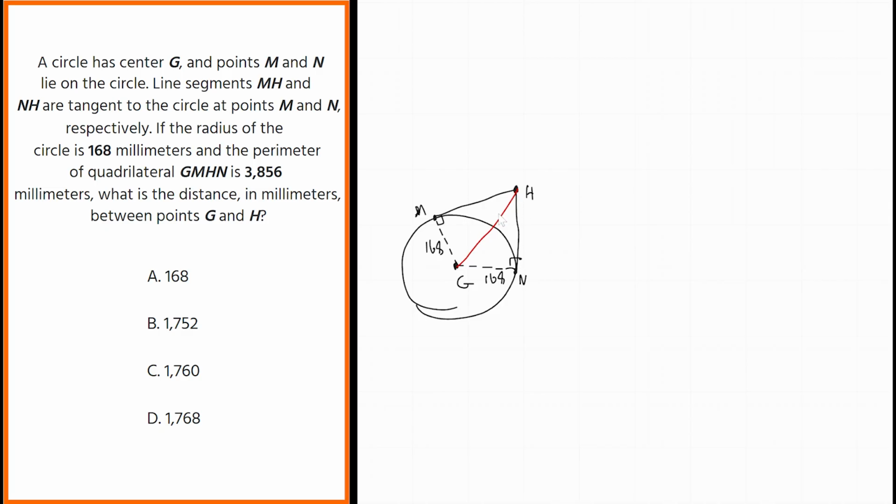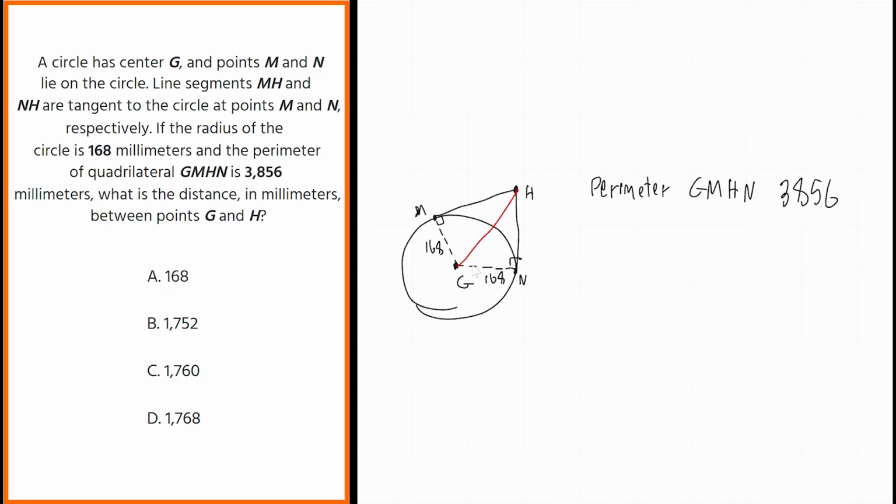Well, fortunately, we know that the perimeter of the quadrilateral, and I will write this out, the perimeter of GMHN is 3,856. So we know that the sum of these four line segments equals 3,856. But even more than that, because these are identical triangles, we know that each half of this quadrilateral is going to make up exactly half of this perimeter.